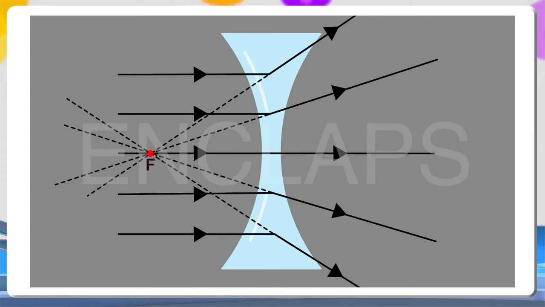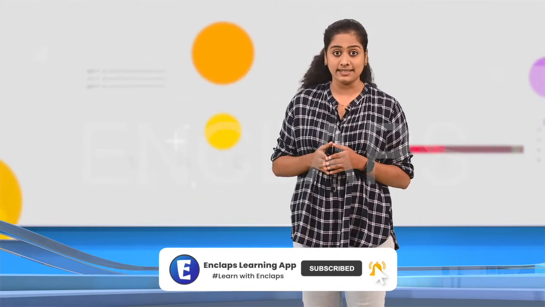We understand that it is impossible to converge light rays to a single point using a concave lens. Therefore, the principal focus of a concave lens is virtual. As in the case of a convex lens, concave lenses also have two principal foci. Both of them are virtual.